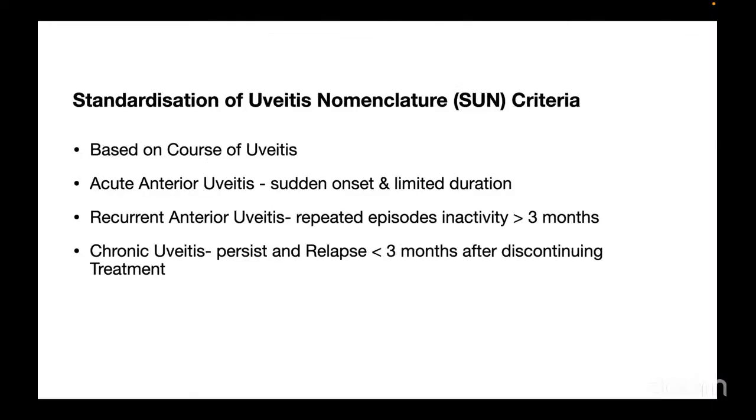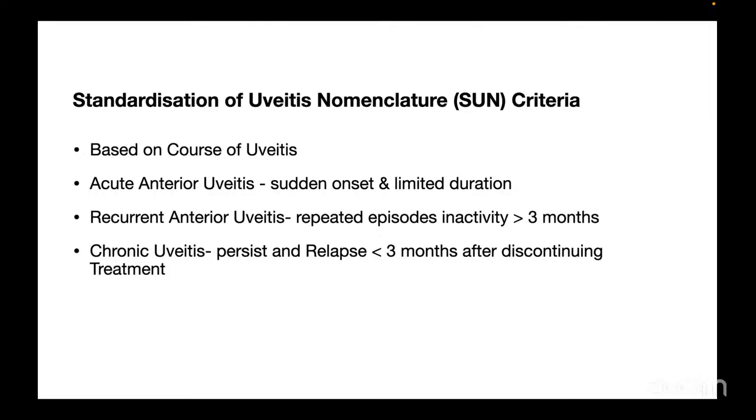There is a standardization of uveitis nomenclature, the SUN criteria, which describes the course of uveitis as acute, recurrent, or chronic. Acute anterior uveitis is sudden in onset and limited in duration.